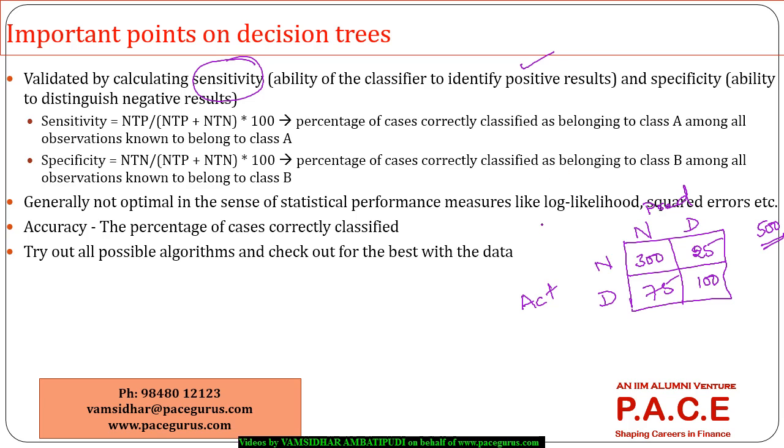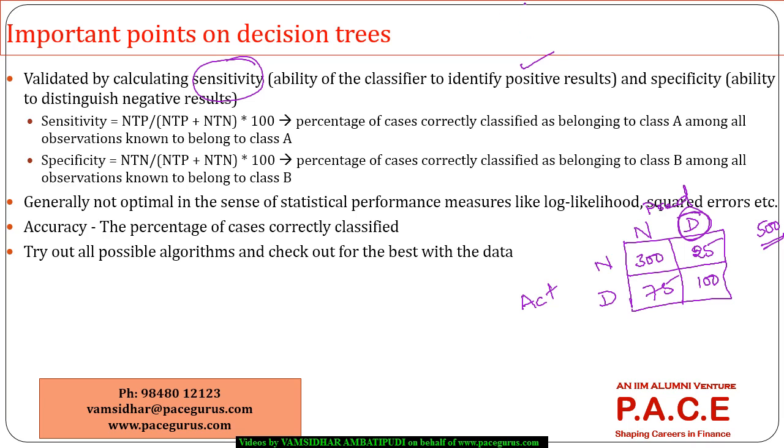Some numbers I'm putting for this 500. And for me the positive is default, because I want to know which person is going to default. So I will take the positive as default, and no default I'll take as a negative.